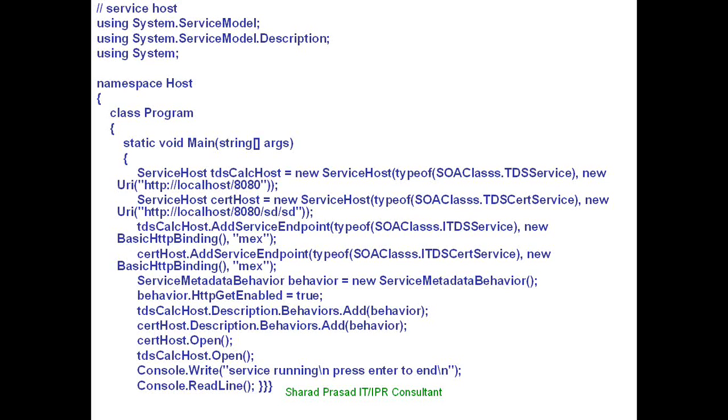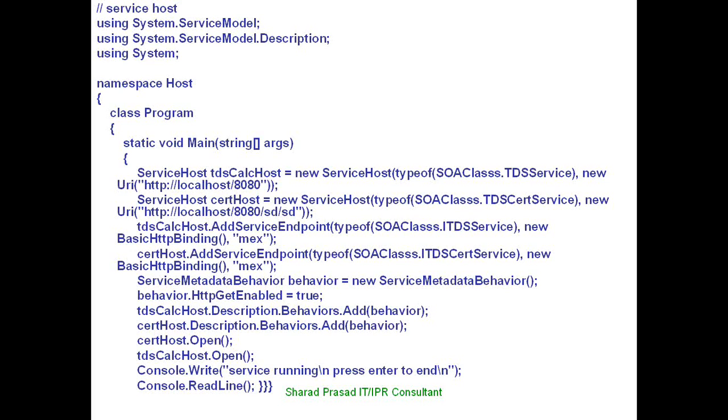In cert host, we have that TDS cert service class, and for the sake of simplicity I have used another address, and that is HTTP localhost 8080 SD. This is just for making it different from the previous address.